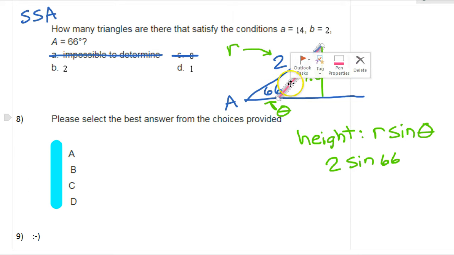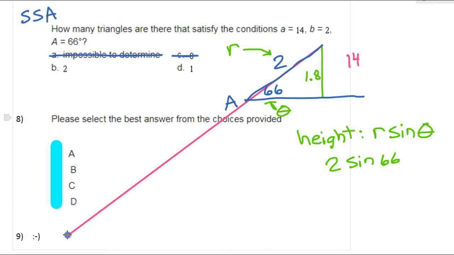Otherwise, look. Let me grab this one more time. Right here, notice I'm going to make it exactly 2, the same length as this side right here. Now, it's supposed to be 14. If I take this side and make it longer than 2, this is about 3, and 14 would be like this. That's crazy.